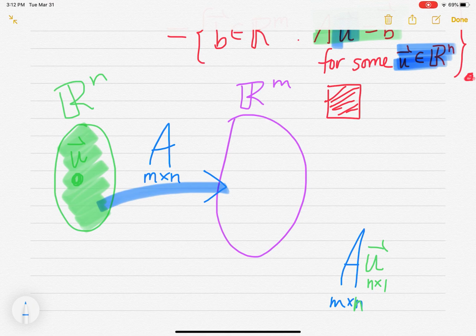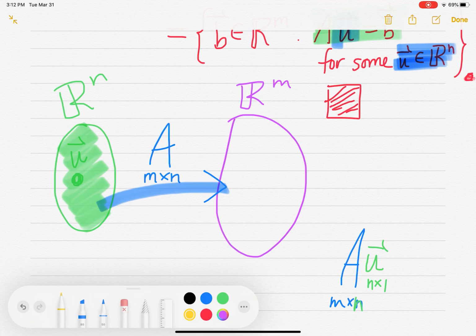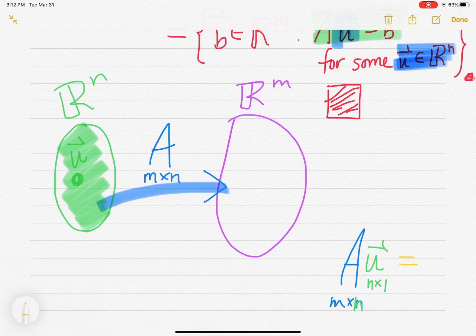Now, what the outcome there is, it's going to be an m by 1. We call that b. When the inner dimensions agree, the output is an m by 1. So that's over there in Rm.